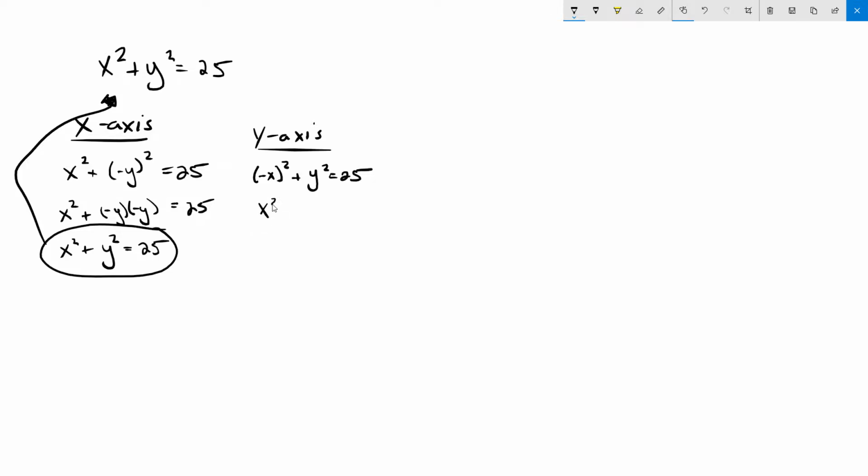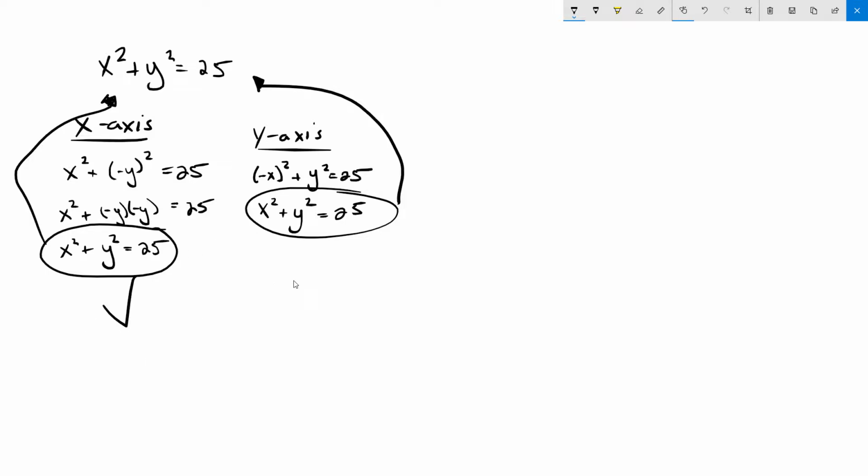So pretty much here we're going to get our x squared back, and our y squared is still the same, and we also have 25, right? And you can see this is exactly like our, man, I'm really bad at making these arrows. So you can see that, yeah, this looks like our original equation, right? So then here we would also say that it does have y-axis symmetry, okay?